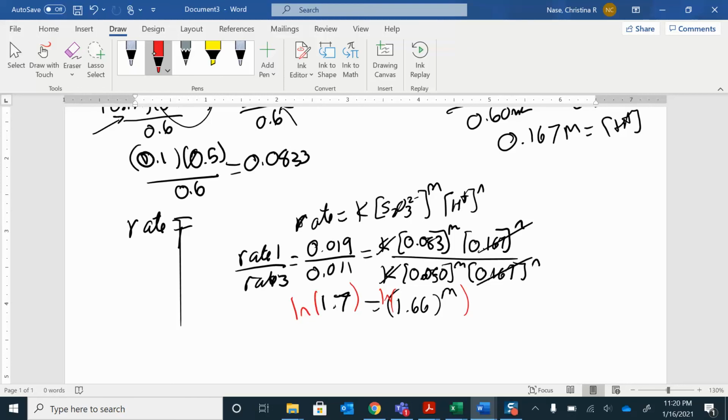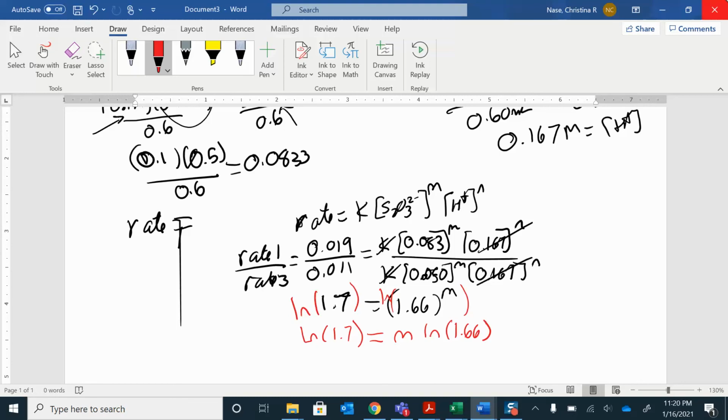If you're not familiar with log rules, don't worry about it. This is what happens when you take the natural log of something with an exponent: that exponent comes out in front of the natural log. m times natural log of 1.66 is equal to the natural log of 1.7.